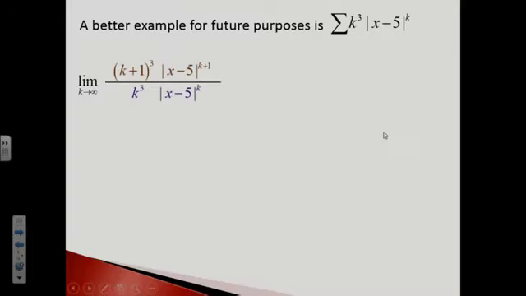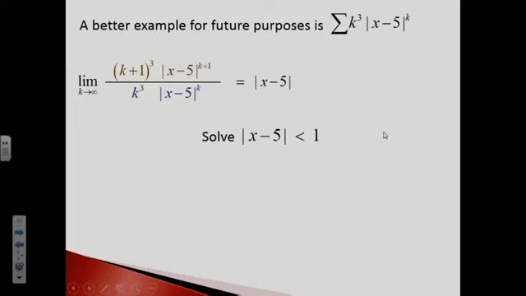The limit of a_(k+1) divided by a_k equals (k plus 1) cubed multiplied by the absolute value of x minus 5 to the power of k plus 1, divided by k cubed multiplied by the absolute value of x minus 5 to the power of k, which yields the absolute value of x minus 5.